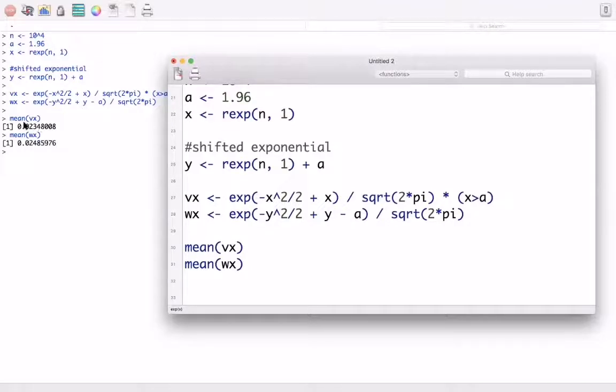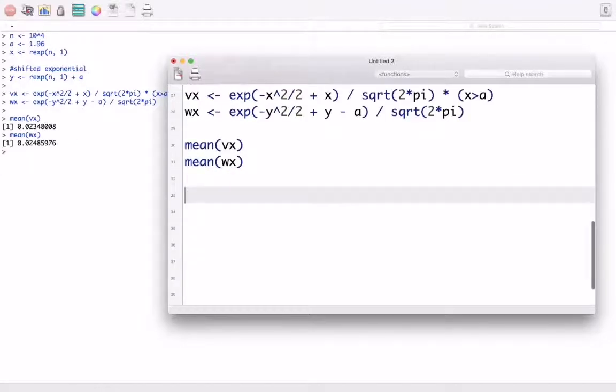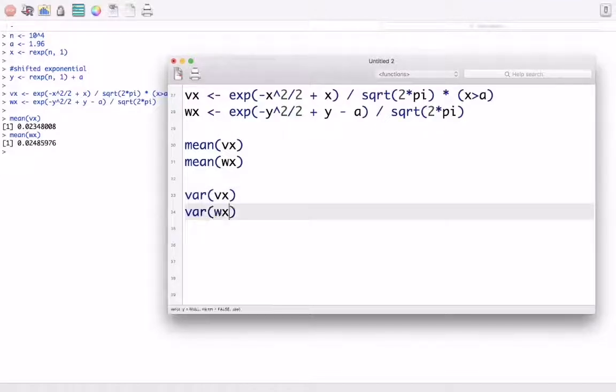So, okay, you see that over here, your mean Vx and Wx are very close to 0.025, right? Okay, so that is one sign that this is okay. Then you check the variance, okay?